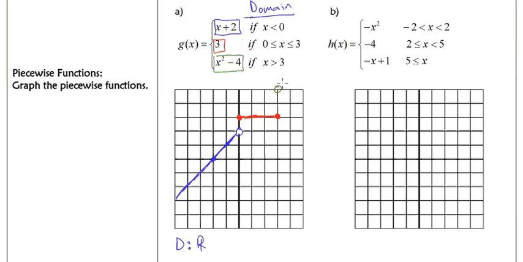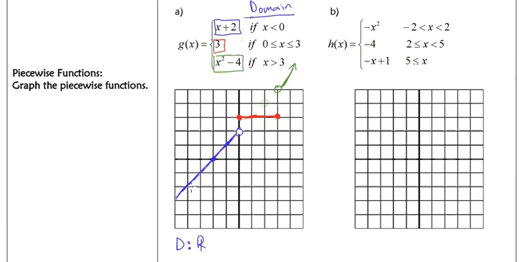That's not the vertex, I'm misspeaking there, but the parabola would continue on out. Really, the vertex would be over here, but that's not part of the piecewise function. So that shape of what would be the continuing parabola heading on up will be the rest of our function.